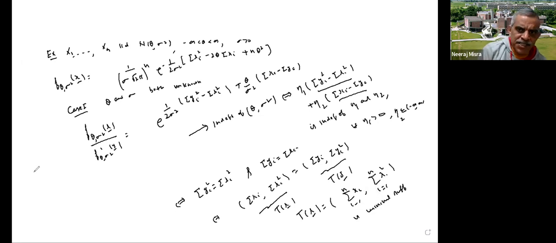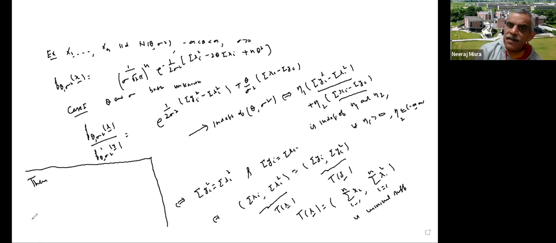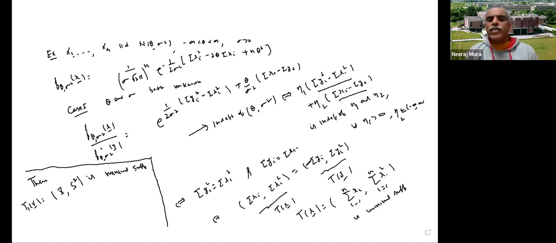Now, if this is minimal sufficient, then I look at T1(x), which is X bar, and let us say S square, is minimal sufficient. Because you know that any one-to-one function of a minimal sufficient statistic is minimal sufficient.